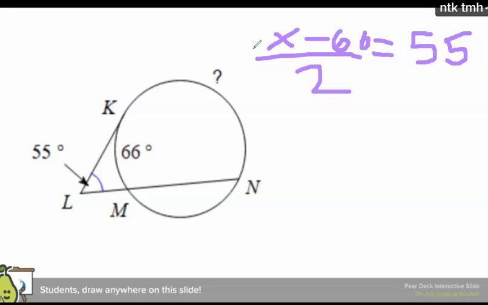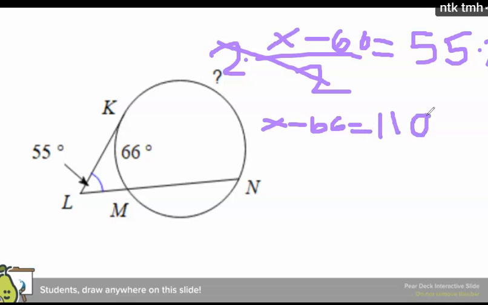All right, I'm going to multiply by 2 on both sides. So that's going to get rid of that fraction. So we will end up with x minus 66 equals 110. You know how last time we divided on both sides?